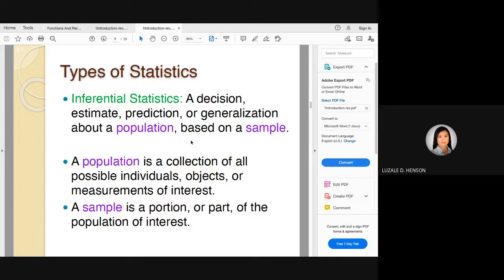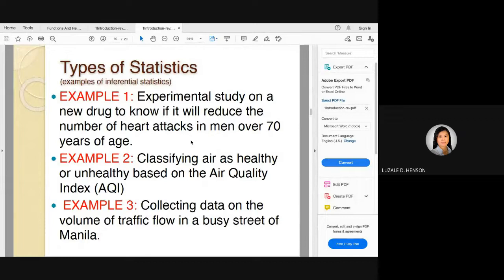Description siya eh. Pero pag inferential, nako, teka lang. You're dealing with numbers there. And you sample from a population, but your conclusion will be generalizing from the result of a sample to the population. So we have, as I have said, inferential.